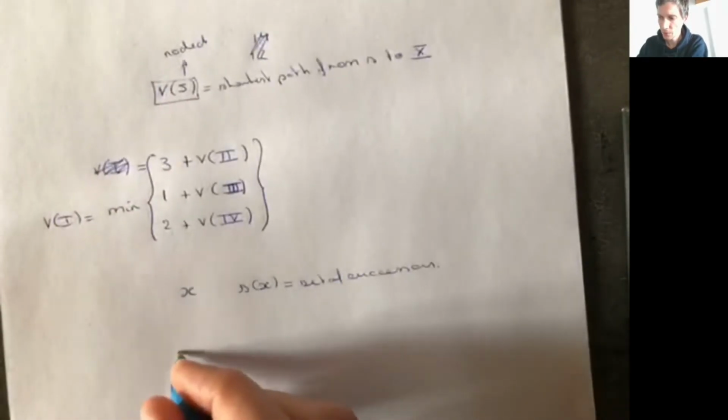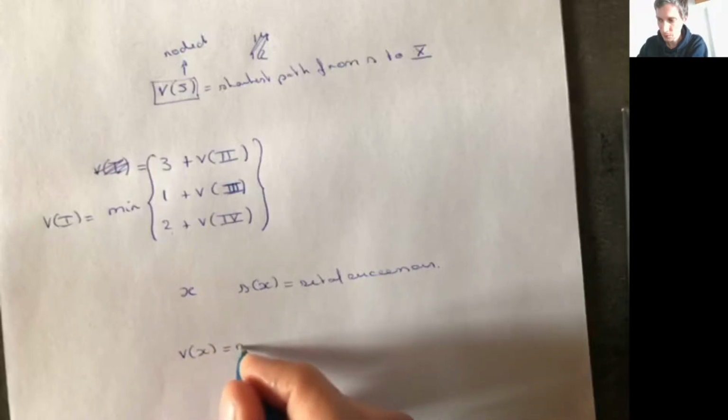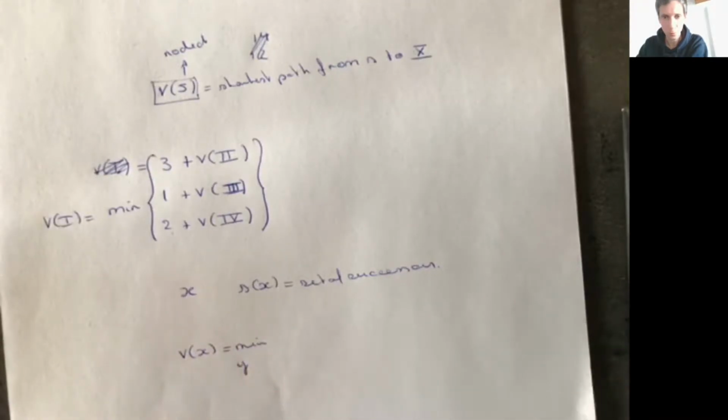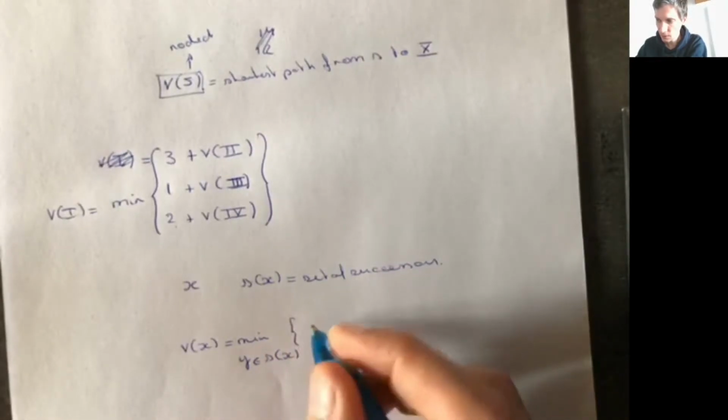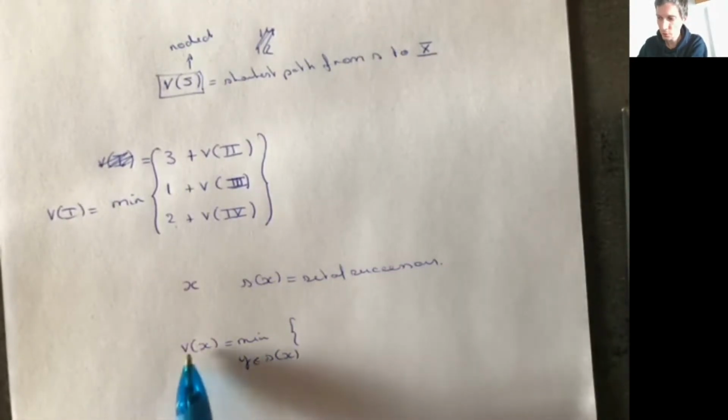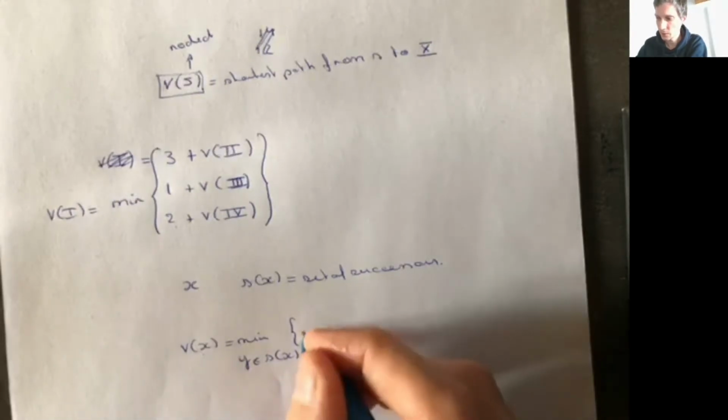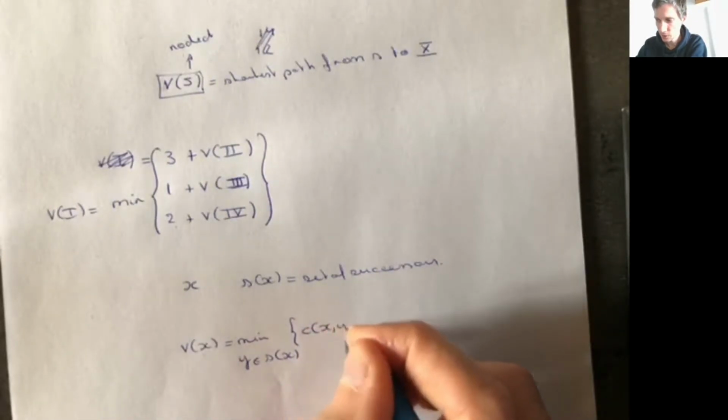So V of x will be equal to the minimum over all y that are successors of x of the cost of going from x to y, which you can denote by C of xy.